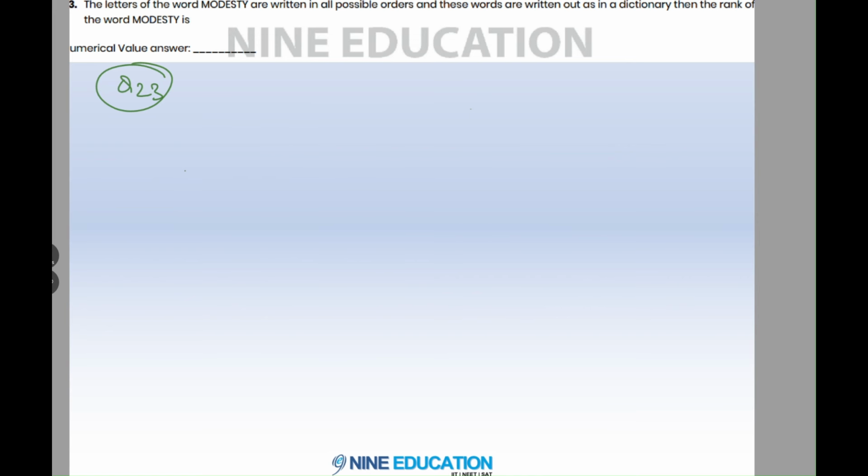Let us first see, in a dictionary, the first letter will be D. If the first letter is D, the remaining letters can be anything. The total number of letters is seven; take D out and 6 letters are left.